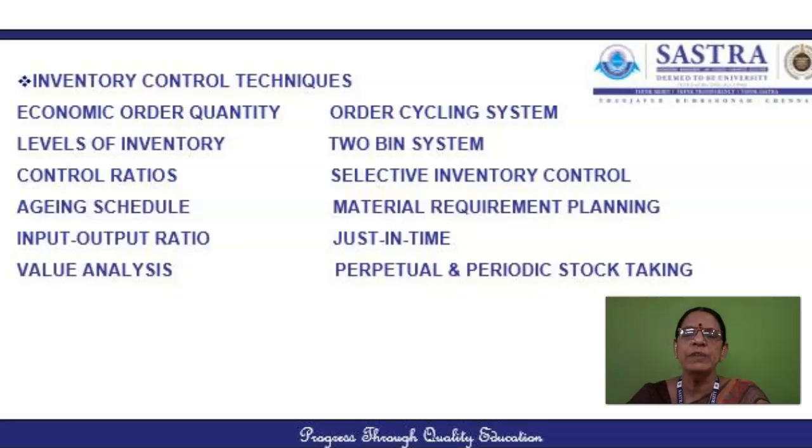In most of the manufacturing concerns, inventories are controlled through any one of the techniques. Now we shall see the techniques that are used by the manufacturing concerns to control the inventories.